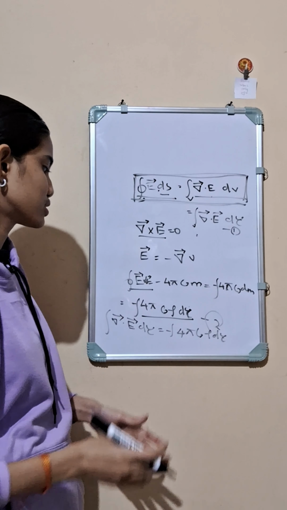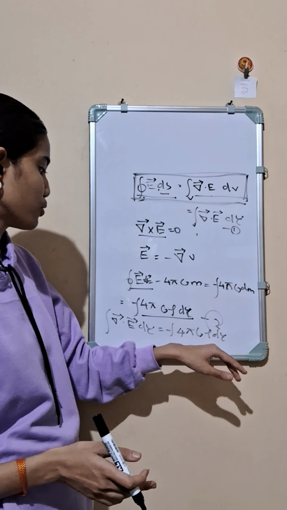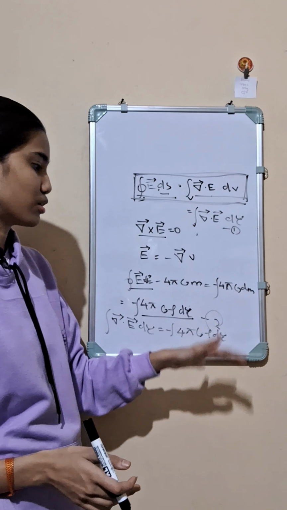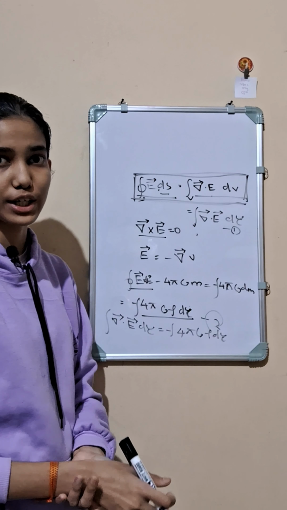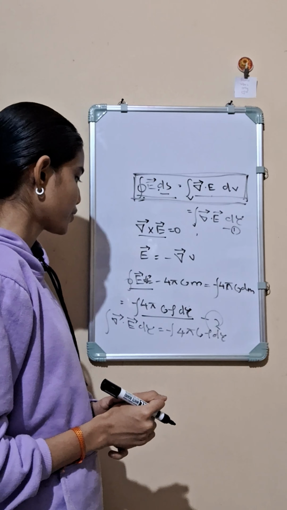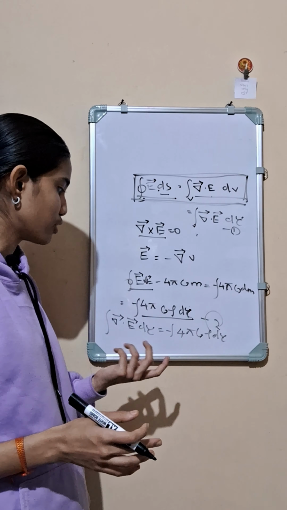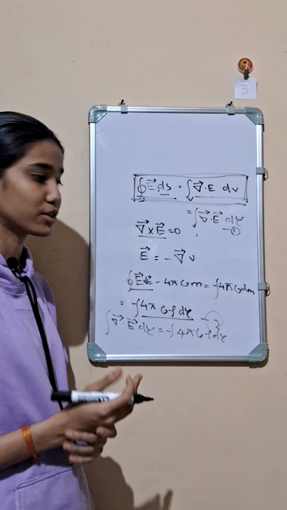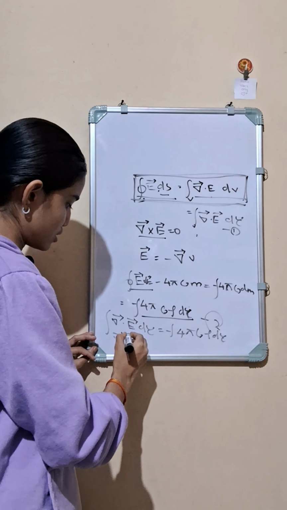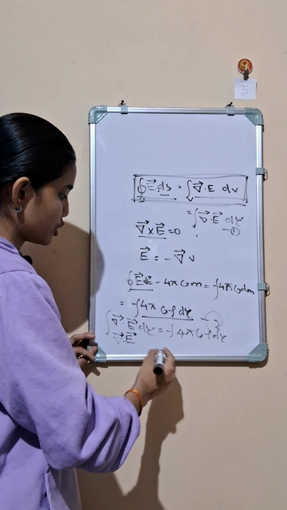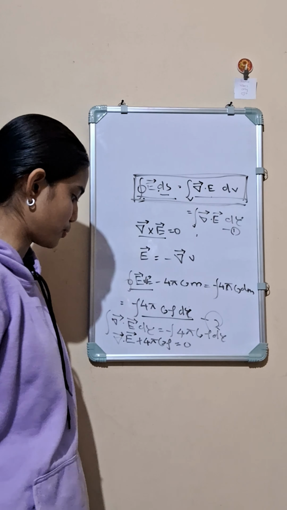Taking it to the right hand side, we are left with the integral of the divergence of E plus 4 pi G rho, with respect to d tau, the elemental volume. If this integral is equal to 0, obviously the integrand is also equal to 0, and we can say the divergence of the E vector plus 4 pi G rho is equal to 0.